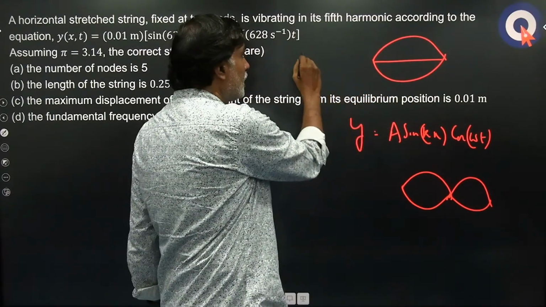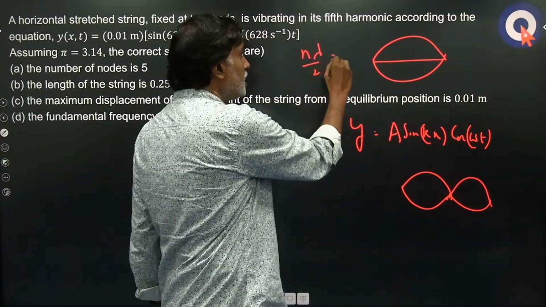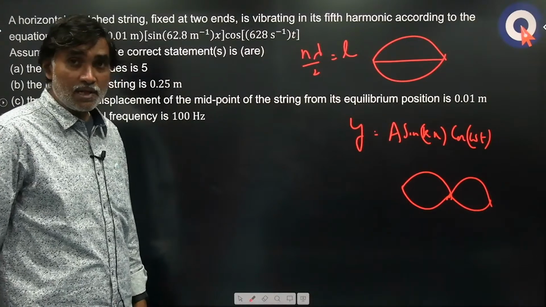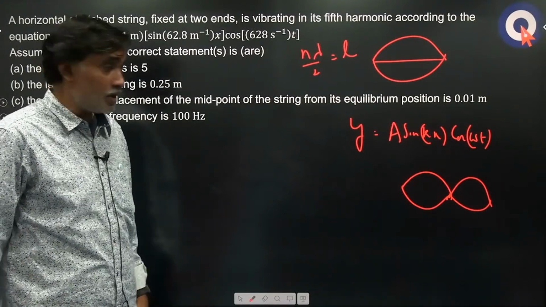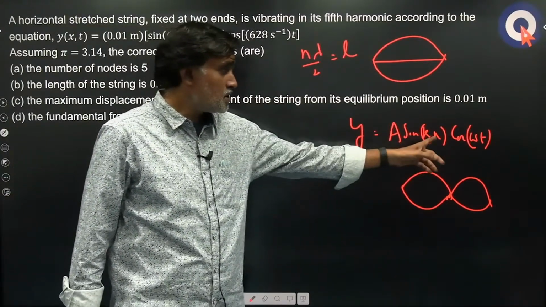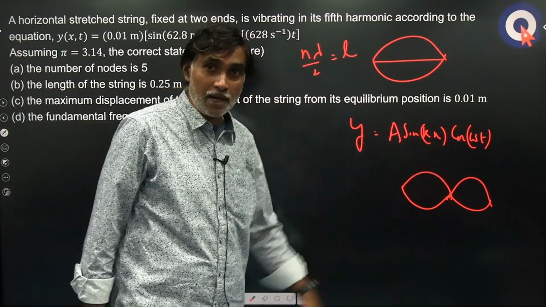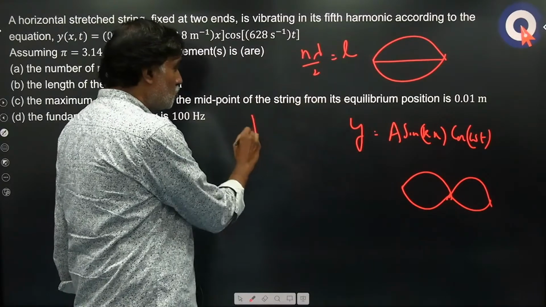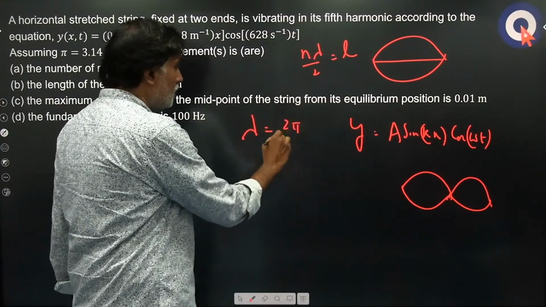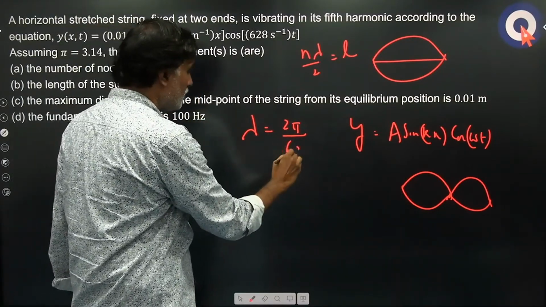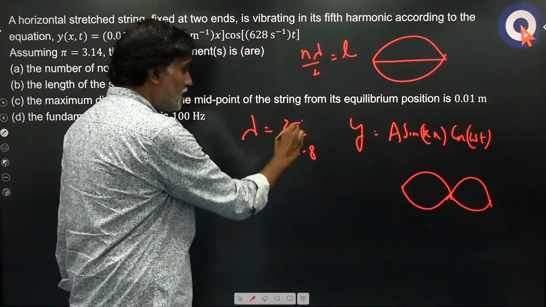So n loops, n lambda by 2 is length of the string. So if it is fifth harmonic, what is length? 5 lambda by 2. But what is lambda? Coefficient of x in this sin kx, k, wave number, that is 2 pi by lambda. What is lambda? 2 pi by k. 2 pi by k is how much? 62.8. Okay. But pi is 3.14.